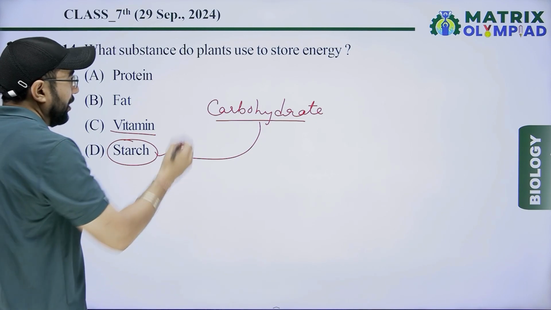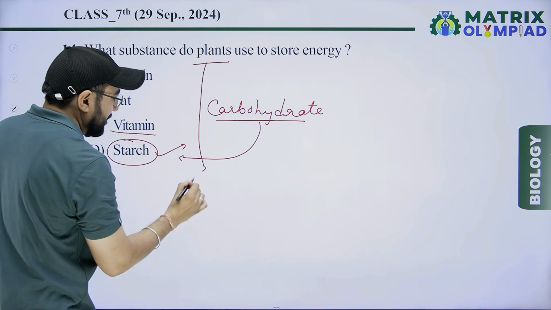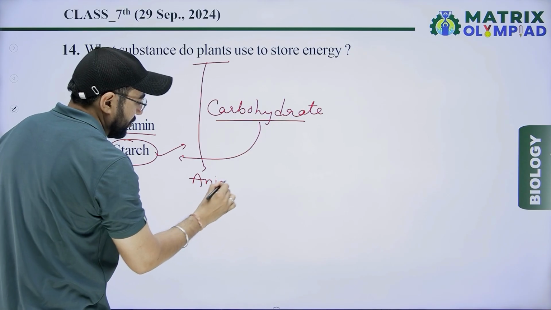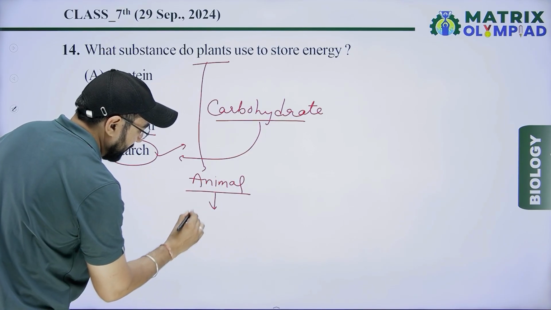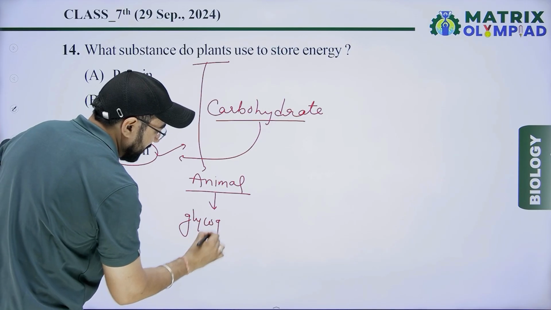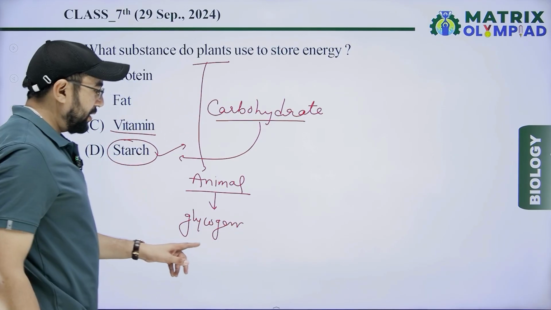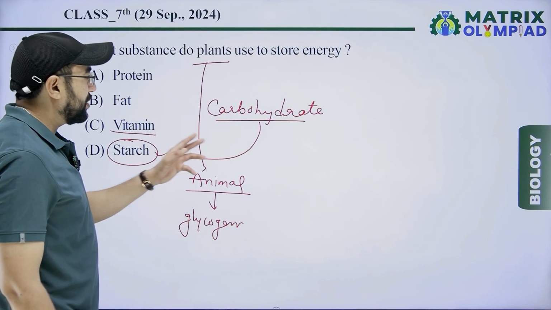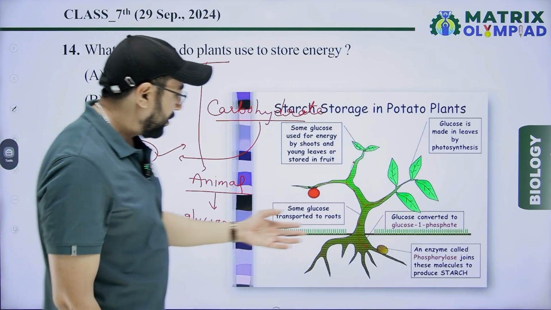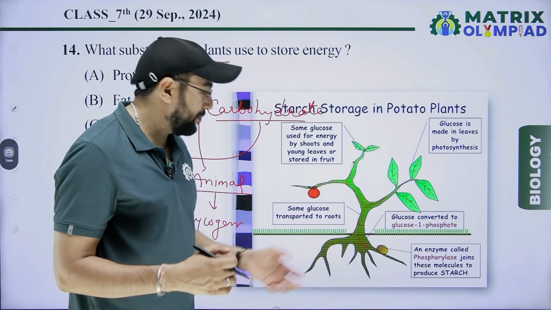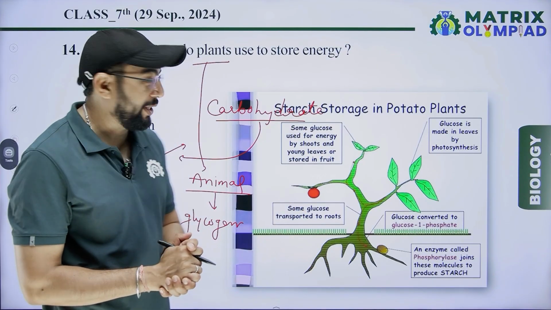If it is an animal, then our right answer is glycogen. Glycogen is stored in animals and starch is stored in plants. The best example of starch storage is potato.